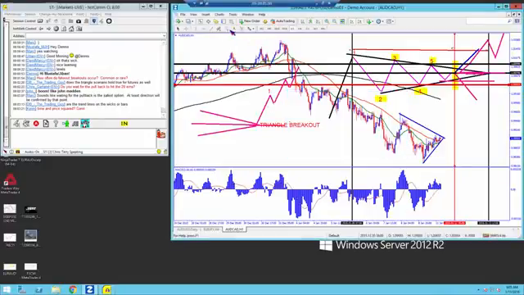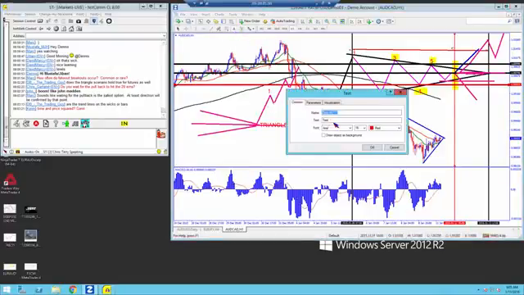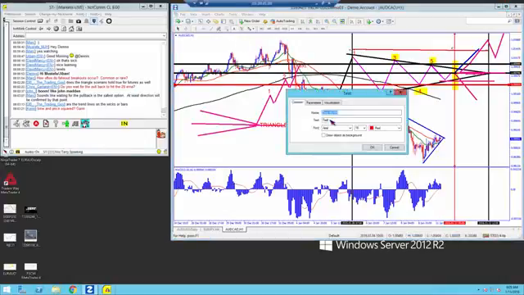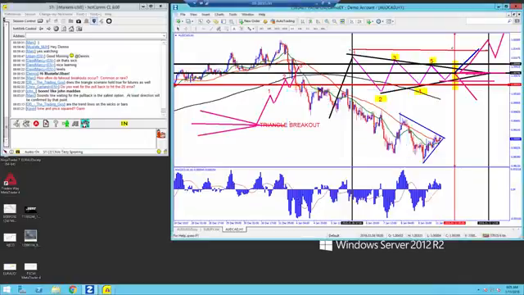1, 2, 3. Typically what will happen is you get these 3 drives to end the swing. 3 drives will typically end the swing.